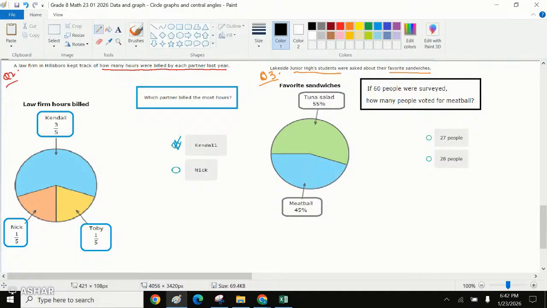See, we know the total, right? We know the total is 60. Agreed? We have to find for meatball. Just look at the percentage for meatball. So what should be the answer? Option A or option B?